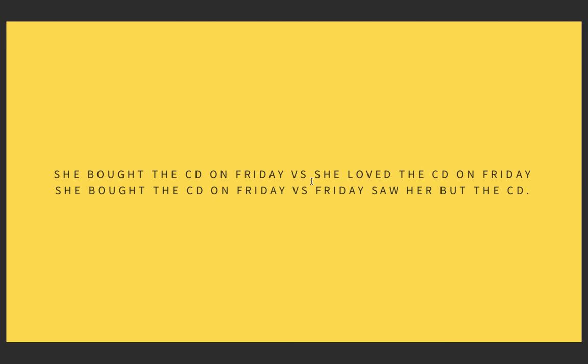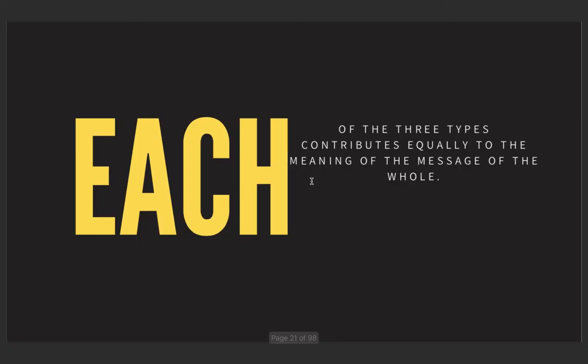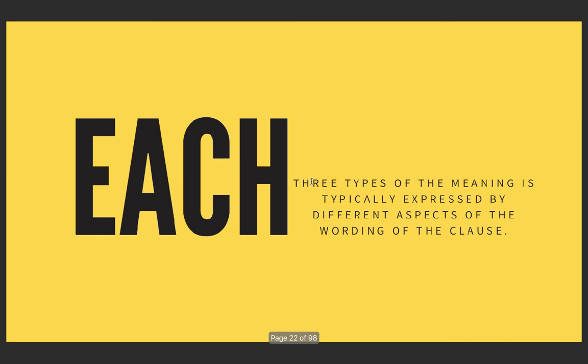In other words, we have what we call the propositional content or propositional meaning, and I'll be giving an example of how propositional meanings work. So basically, each of the three types contributes equally to the meaning of the message as a whole, and in return, each of the three types of meaning is typically expressed by different aspects of the wording of the clause.